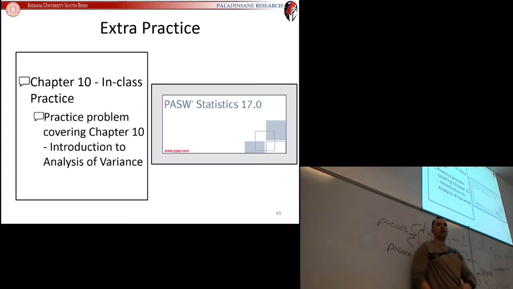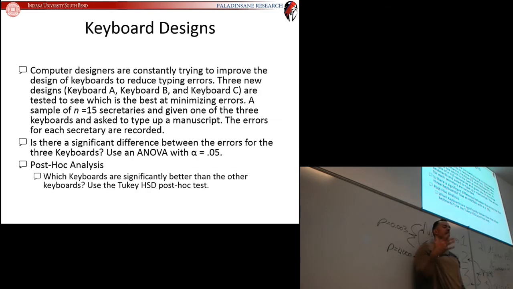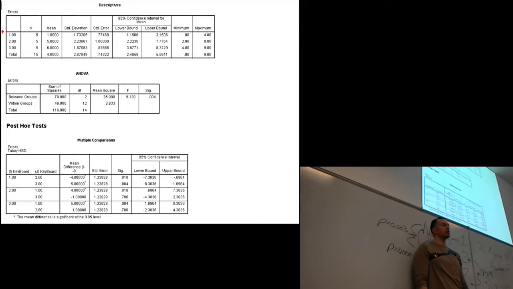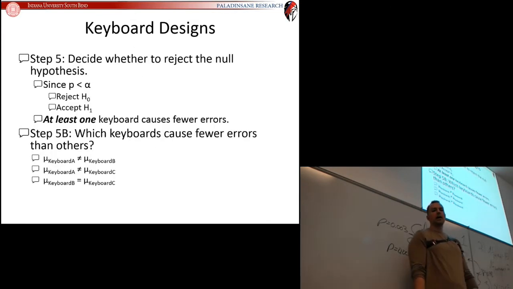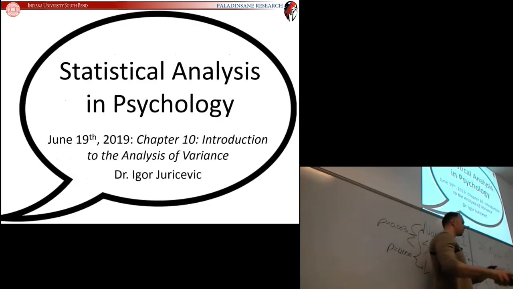So there is extra practice. There's a practice problem for Chapter 10 analysis of variance. It has to do with keyboard designs. So there's 3 different keyboard designs. You're being asked to determine which one is best. So there's a description. There is the output that you're looking for. There is the answers for each particular section and for the post hoc analysis.